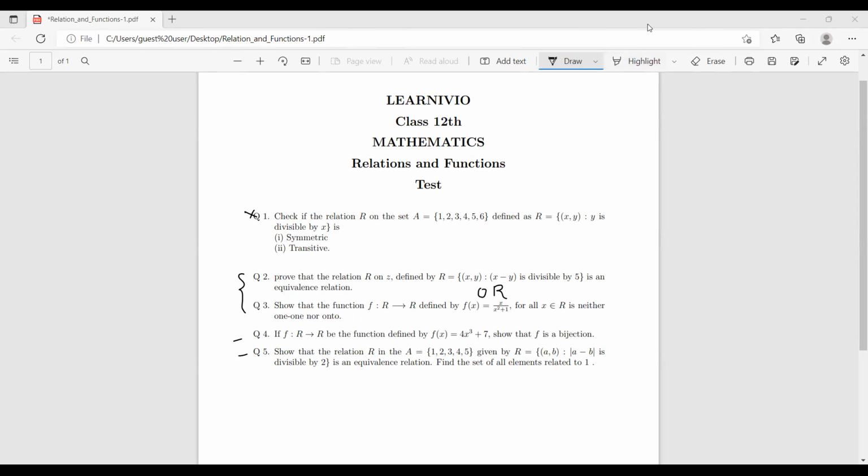Abdur, you have already completed this test? No, sir. Then Abdur, in which topic you have a doubt? Yesterday you were saying something, no? You have a doubt in a question paper. Weekly test of your school or of Learnivio? Learnivio. Which chapter, Abdur? Is it the relation and function?